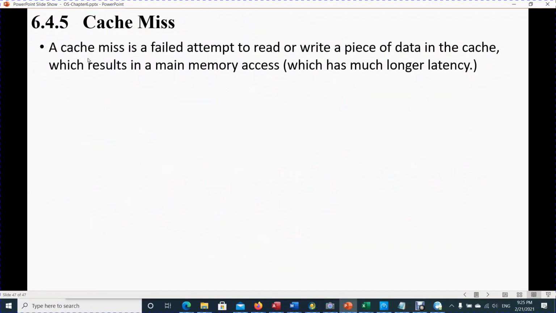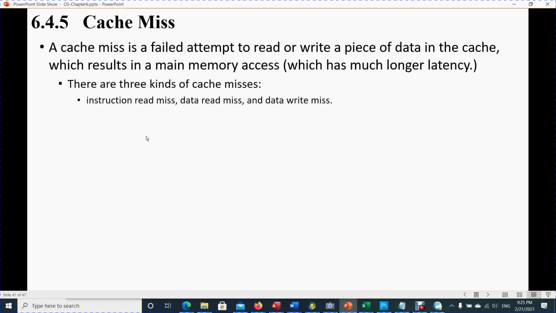A cache miss is a failed attempt to read from or write to data in the cache. A cache miss requires a main memory access, and the reason for using cache to begin with is fast access.